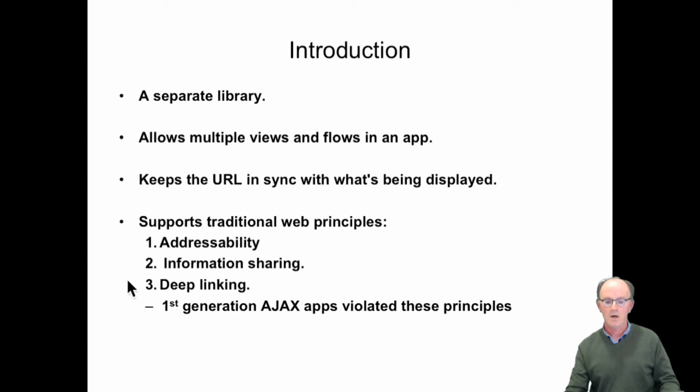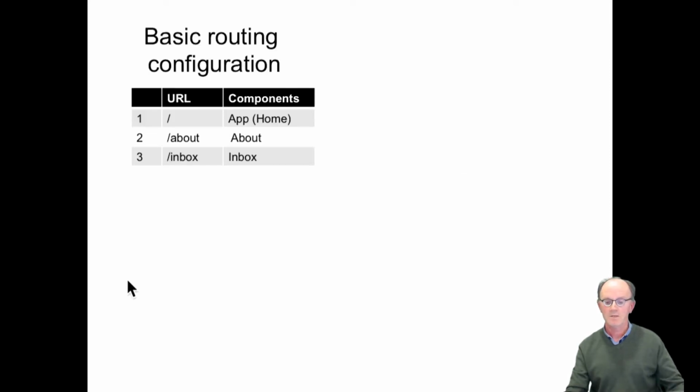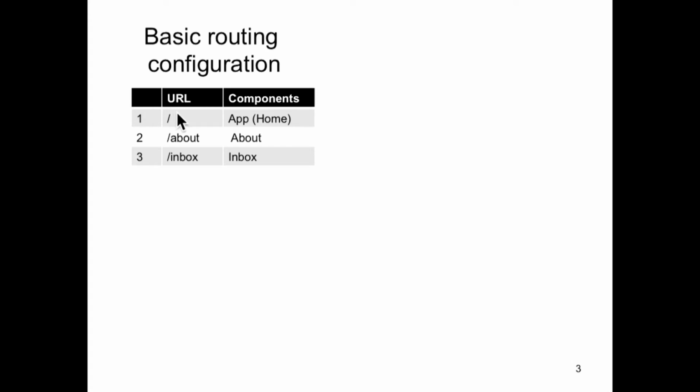So how do we implement routing in a React app? Let's get straight into that. Supposing I have an app that has 3 URL addresses associated with it: the root, this address, and this address.